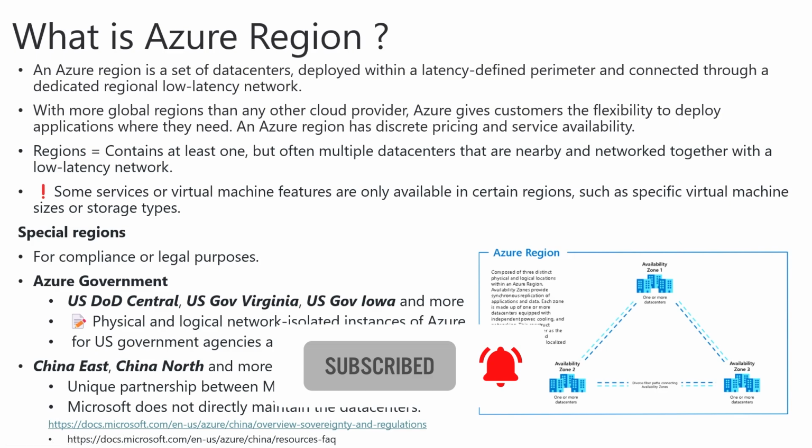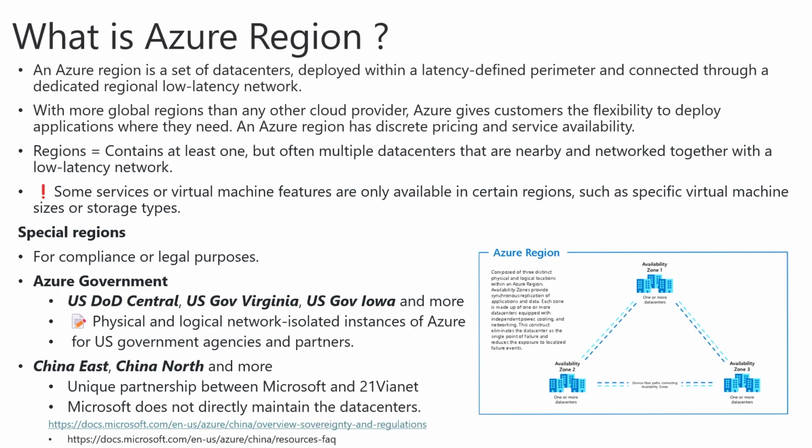Now let's talk about Azure regions. Azure regions are separate geographic areas with their own data centers, connected through a dedicated high-speed network. Each Azure region is designed to provide a high level of availability, scalability, and fault tolerance. When deploying resources in Azure, we have to choose the region that best suits our needs.